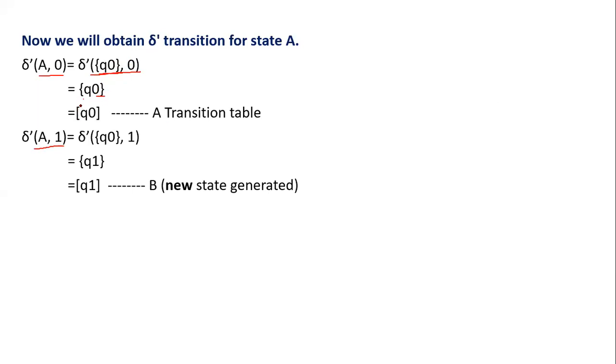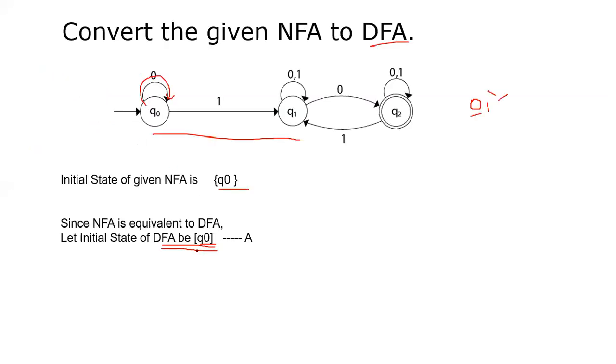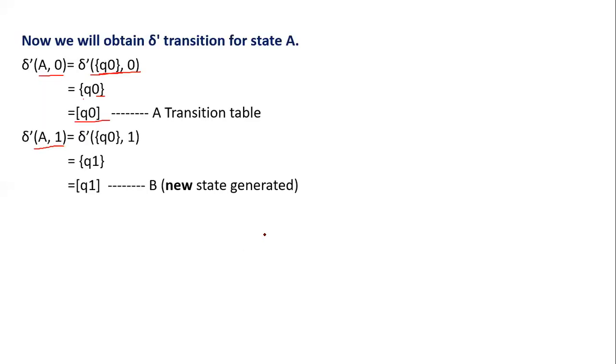Once the state is assigned for DFA, we have to mention it with a square bracket, so square bracket of Q0. This is also the previous state only. Already we have the state A. If a new state arrives, then you have to mention it with a different name, but here the same one arrived, so no issues.